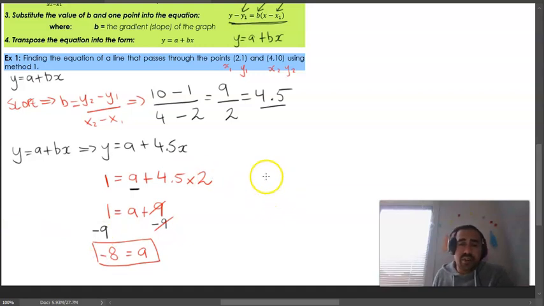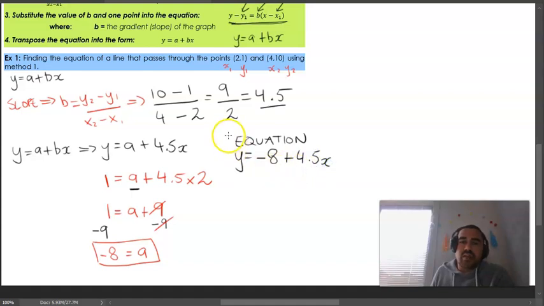So that's not the end of the question. The question is, find the equation of the line. So we need to put it into the format y equals. So our equation in this case, we know what our a is, minus 8. And we know what our b is, 4.5. So our equation in this case is y is equal to minus 8 plus 4.5x.